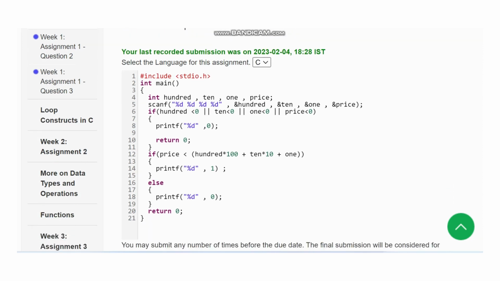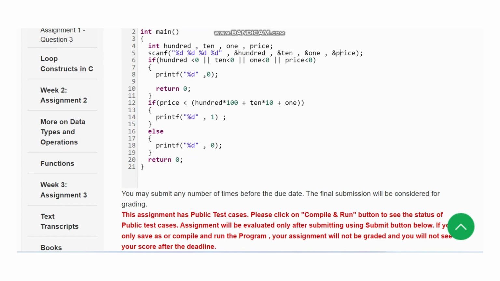Otherwise, if the inputs are integer values greater than 0, then I find the amount I have, that is the 100 rupee notes times 100, plus the 10 rupee notes times 10, plus the ones. And here I print 1 if the sum of my 100, 10 and 1 rupee notes is greater than or equal to the price of the product, otherwise 0.